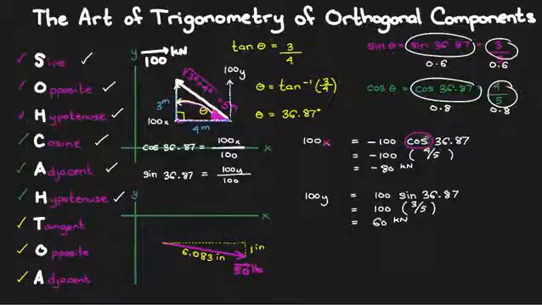And by definition, cosine is adjacent over hypotenuse. The y component of the vector is equivalent to this component, which is opposite of that angle. And since I already know the hypotenuse, that's why I used the sine function.